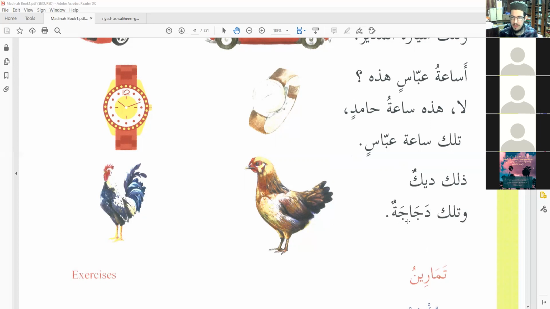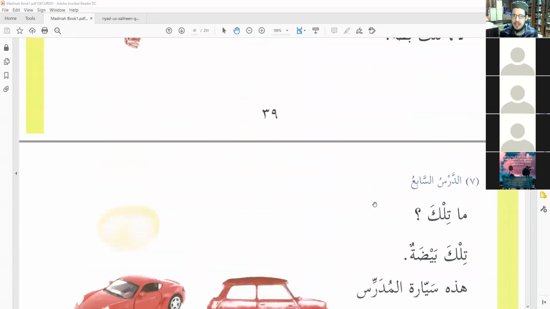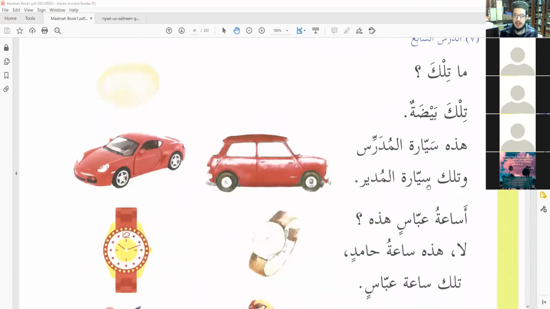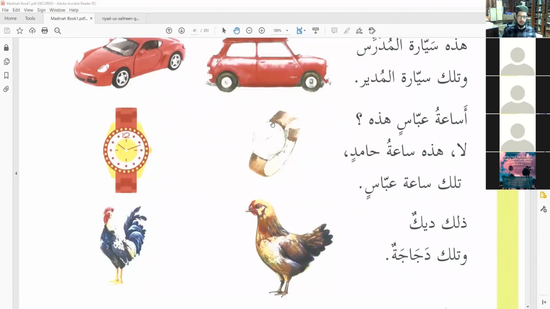On the dal, dajaja. I don't believe so. Oh, okay. No. So, wa tilka dajaja. Yes. Very good. And that is beyond translating. Everybody knows that. This is a rooster. Sorry. That is a rooster and this is a hen. Very good. Excellent job. MashaAllah.